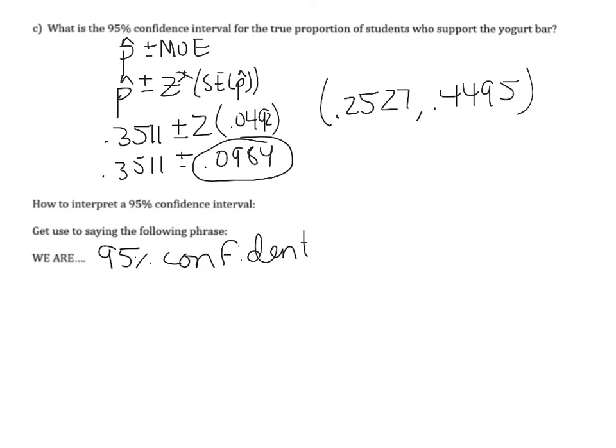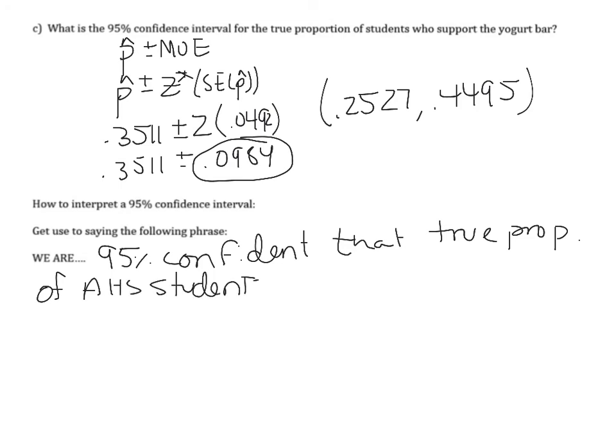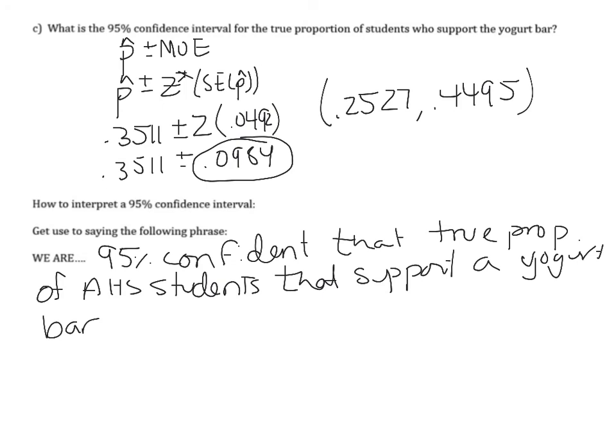So we're 95% confident that the true proportion of a specific population, and in this case we're talking about Amity High School students, that support a yogurt bar falls somewhere between a low value of 0.2527 and a high value of 0.4495.